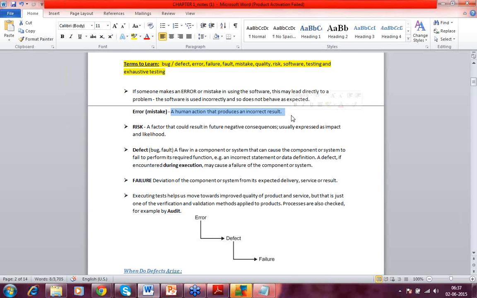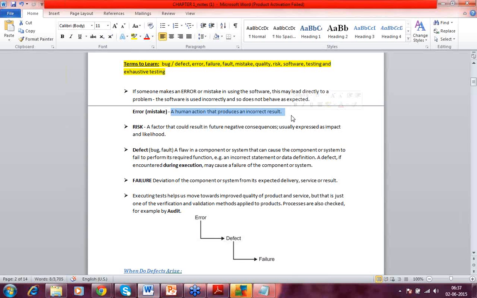That is called risk. Not all software carries the same risk. As we said, a simple online gaming application could be a lower risk application compared to a rocket science application, which is highly risky. Healthcare applications are highly risky. So risk is another terminology that you all have to understand and remember.